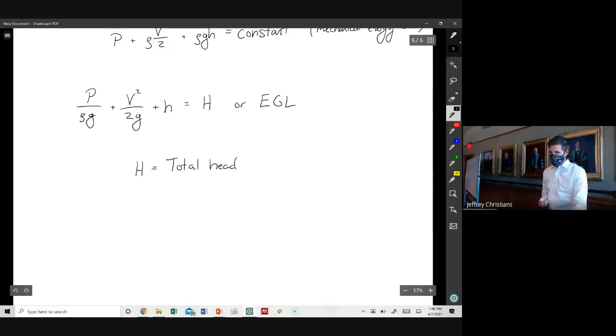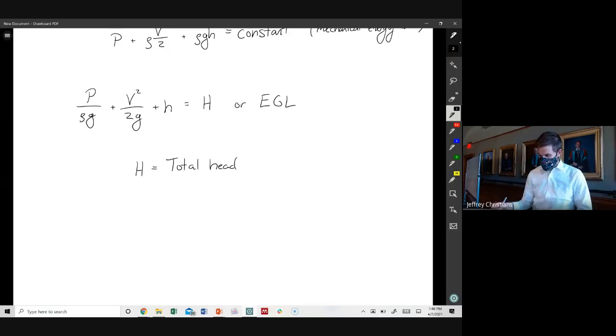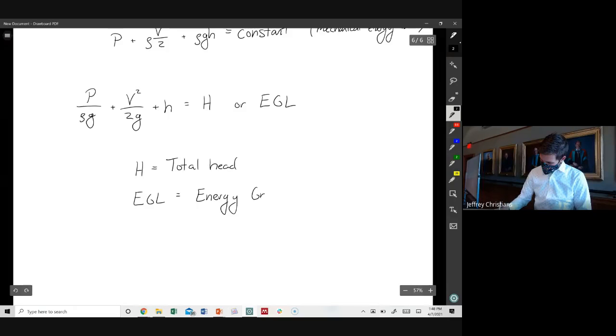H is the total head, so these are both the same. H and EGL are the same thing. The total head. EGL is the energy grade line.